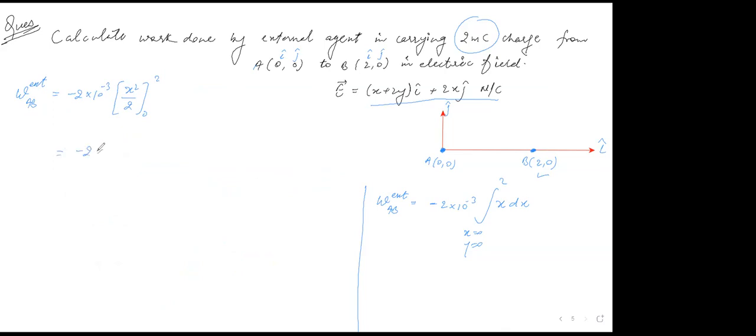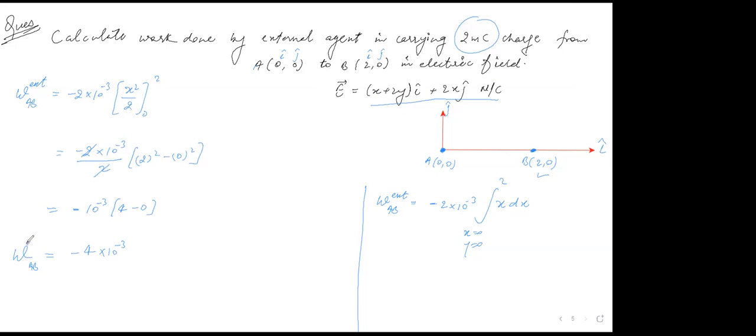Then minus of 2 into 10 raised to the power minus 3 over 2, in bracket x square. At the position of x square, first you put 2 square minus 0 square. This 2 is cancelled with 2. You get minus of 10 raised to the power minus 3 into 4 minus 0. Finally, you get minus of 4 into 10 raised to the power minus 3.